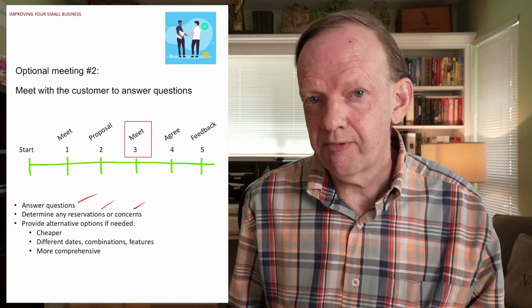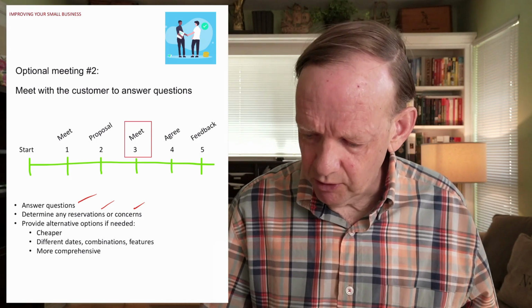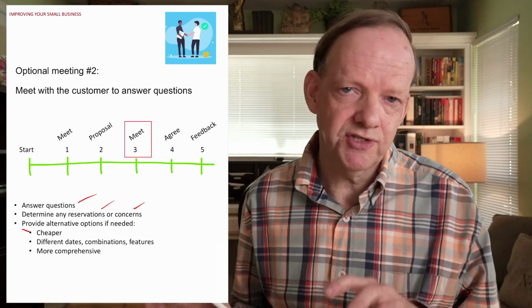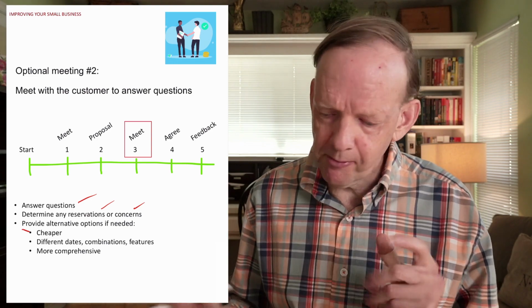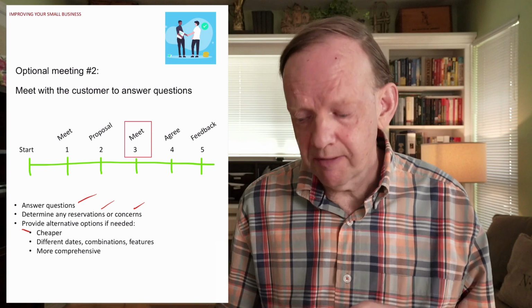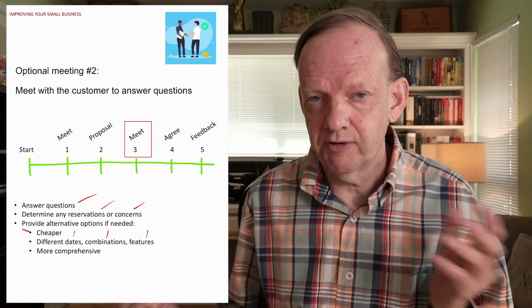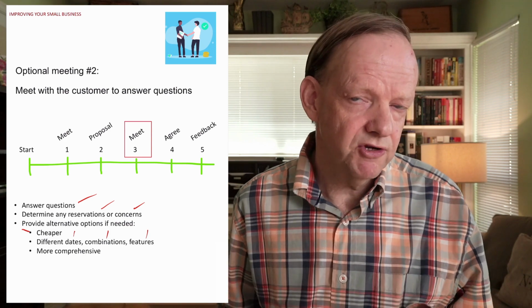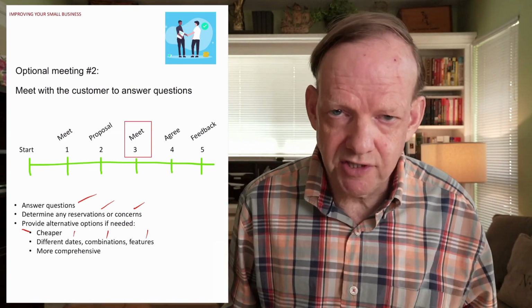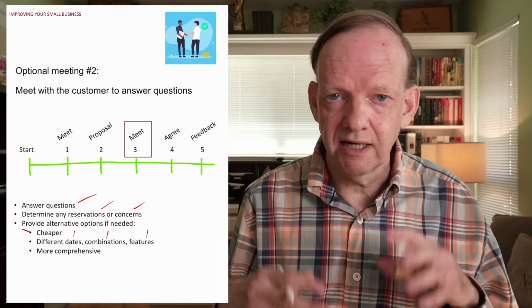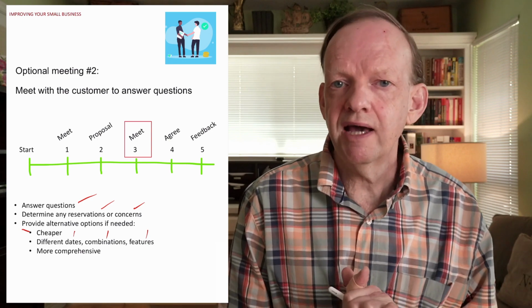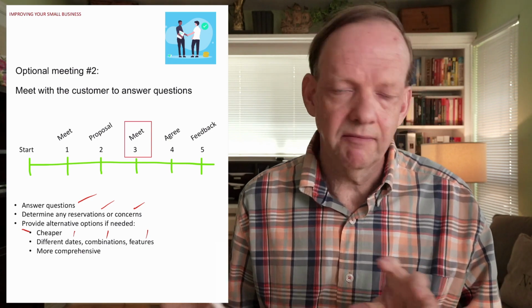If you're concerned about pricing, I can figure out what your needs are and maybe suggest a cheaper option if that's appropriate. You're concerned about dates or combinations or features or whatever of my service. I'm doing services, and I can discuss those because your colleagues have concerns and ideas, and I want to listen to what those are. So there will be a free complimentary meeting number 2 in there.